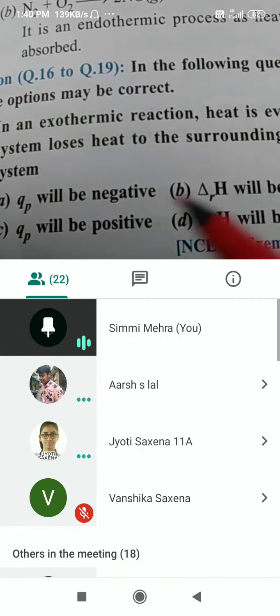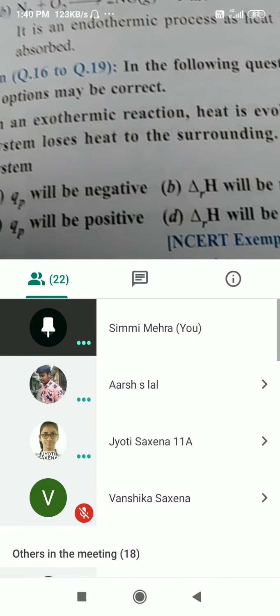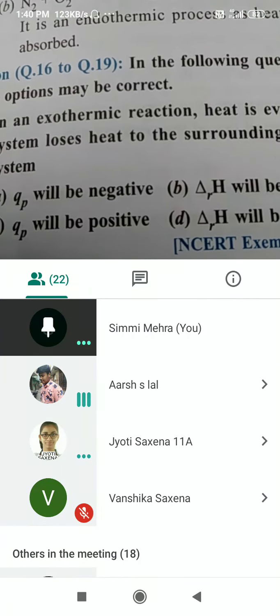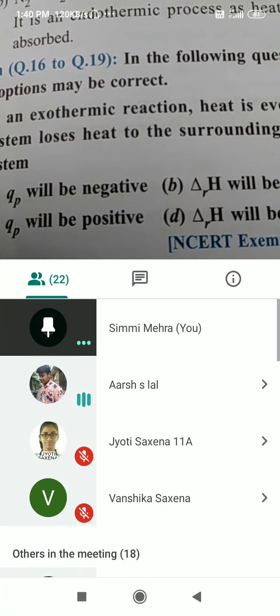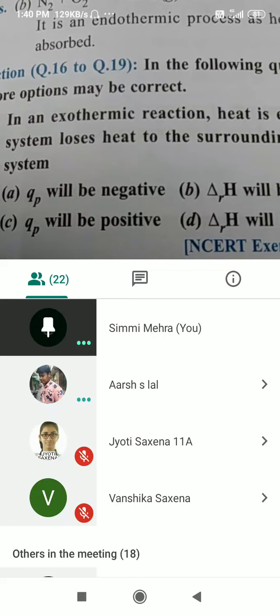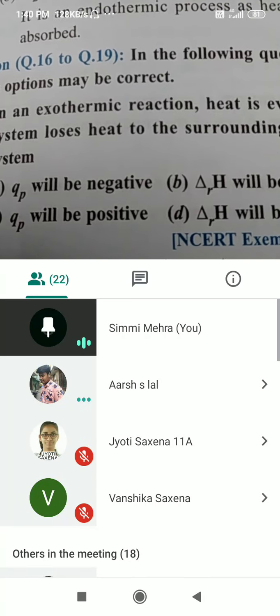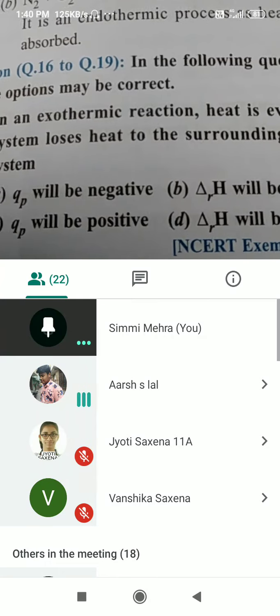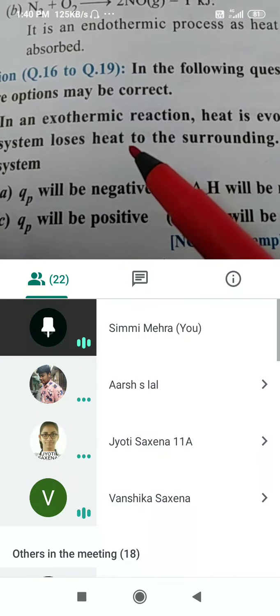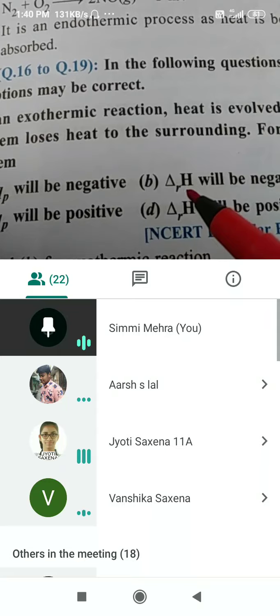But you have to select one out of the two. Change in enthalpy will also be negative and QP will also be negative because it is written system loses heat, means yes, it is negative.